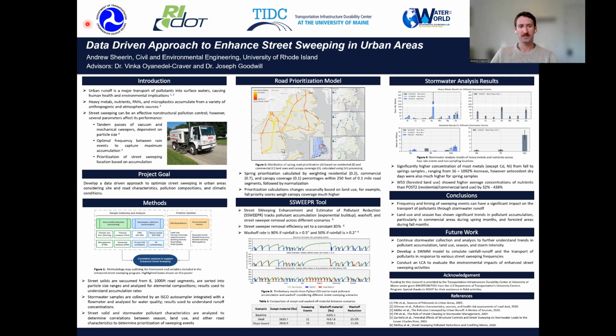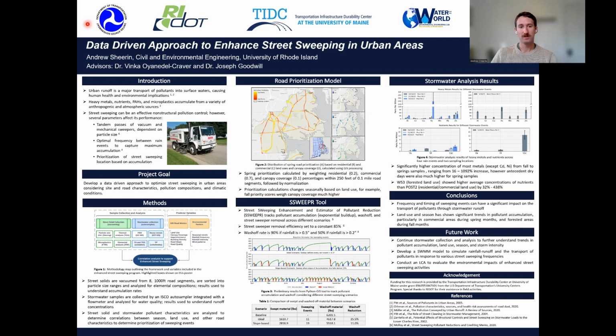The methodology behind this project includes sample collection and computer-based modeling. For sample collection, we'll collect street solid and stormwater samples and conduct a variety of different analyses on them to understand their pollutant composition and the amount of loading.